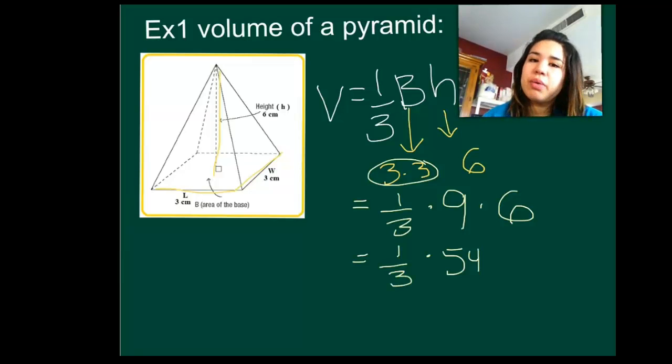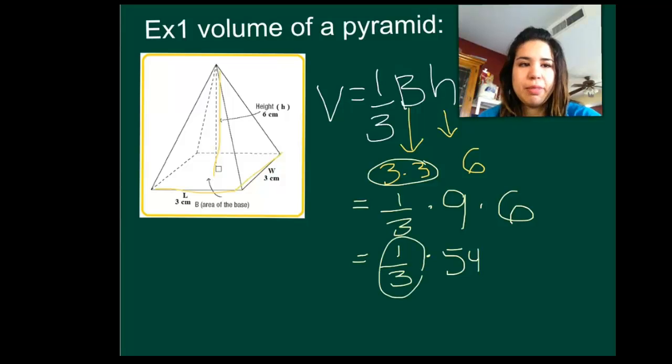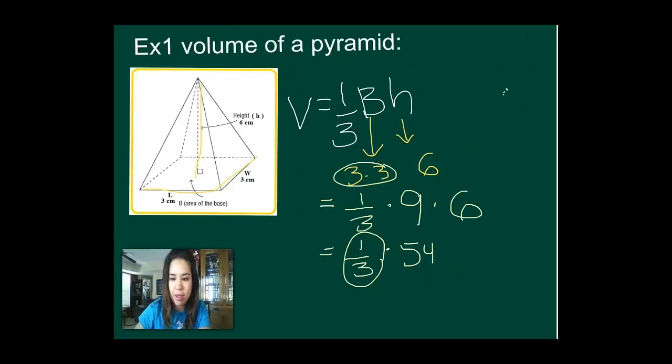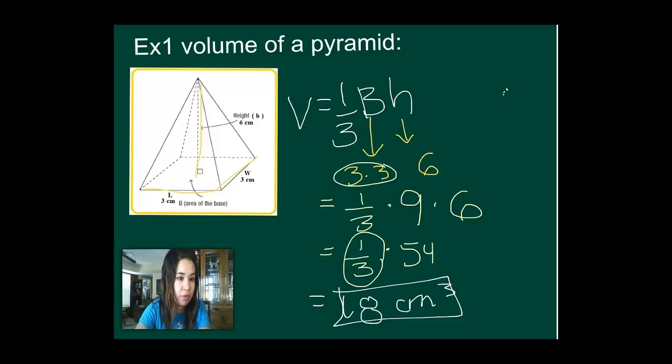When we were looking at fractions in class, we saw that multiplying by 1/3 is the same thing as dividing by 3. So really what I need to do here is divide by 3. And that gives us 18 centimeters cubed, because remember that we are dealing with volume, and in volume our units end up being cubed.